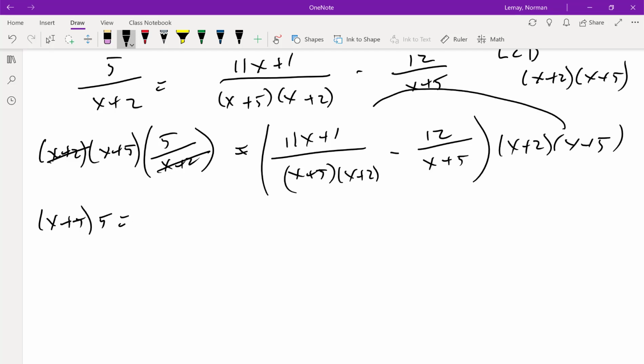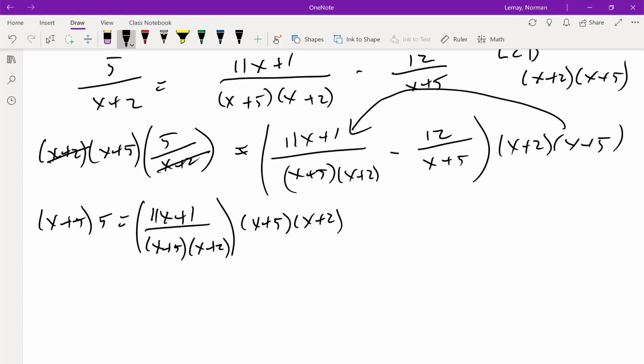We distribute this all the way over: 11x plus 1 divided by x plus 5 times x plus 2, times x plus 5, x plus 2, close that bracket as well. And now we distribute this one across, minus 12 over x plus 5, x plus 2, x plus 5.